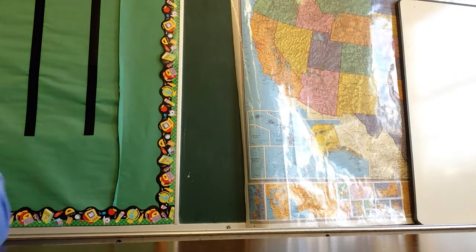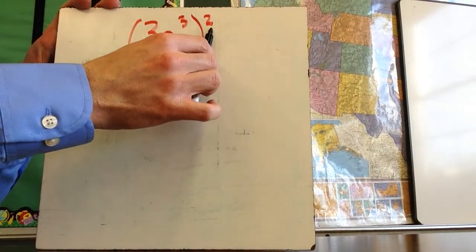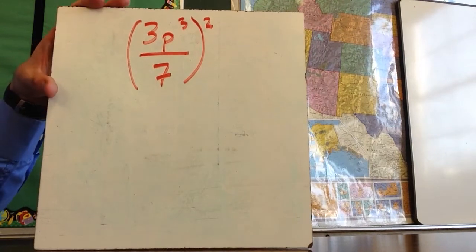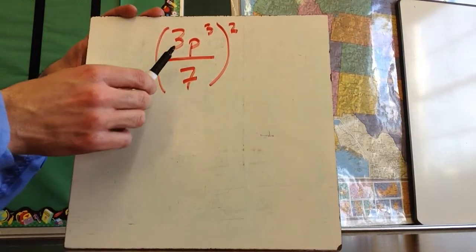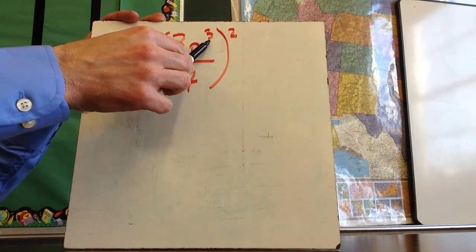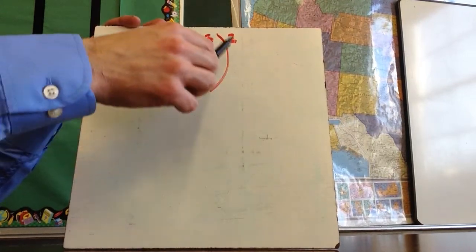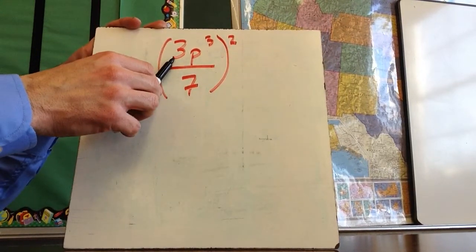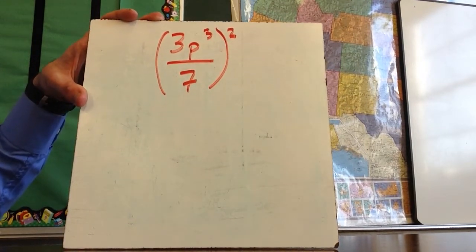All right, what happens when you get a problem like this? This is a fraction that has an exponent on the outside. So keep in mind that this is just a number. It's a division problem, and so this exponent of 3 is only working on the p, whereas this 2, the squared, is working on everything inside, which means it's working on the 3, the p to the third, and the 7, or the 1/7 if you want to look at it that way.